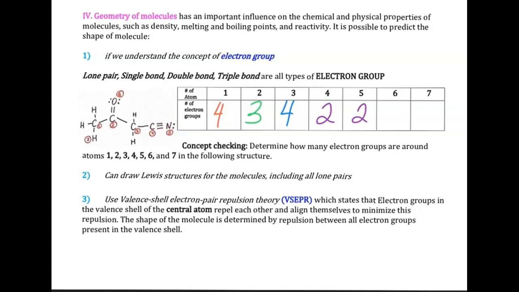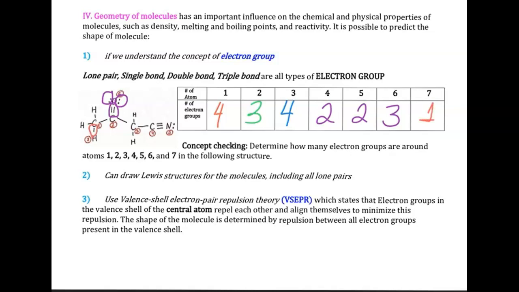So yes, we have 3 electron groups around oxygen. For atom number 7, there is only 1. Hopefully it makes a little more sense to you what electron groups are. You're just counting how many bonds and how many lone pairs, the electron groups, are around a specific atom.